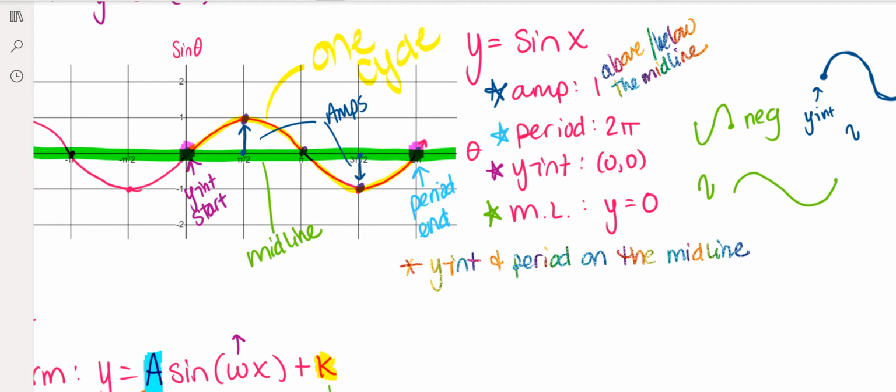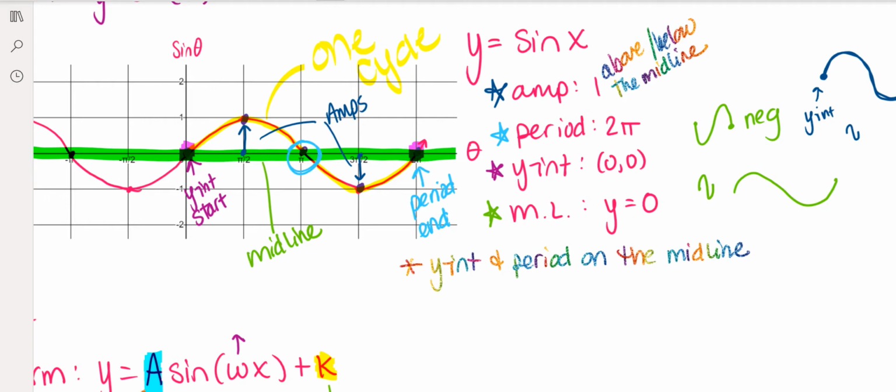What else do we notice about this middle point right here? It divides one cycle into 2. What else do we see? It's on the midline. Sometimes you guys can read my thoughts and most of the time you can't.